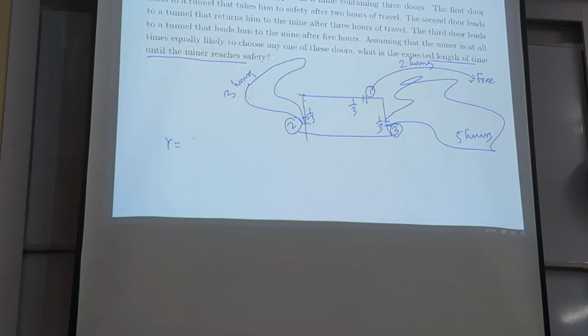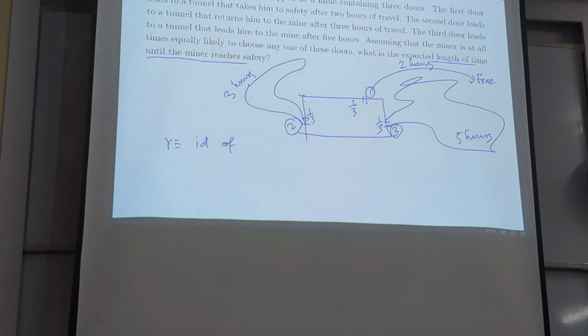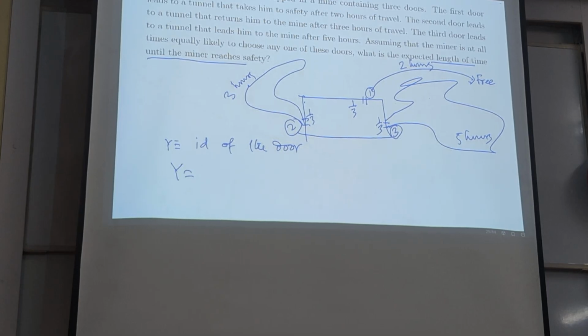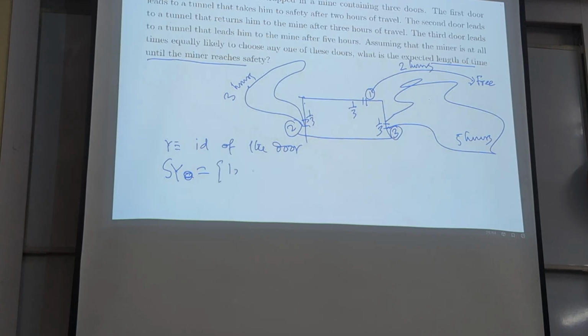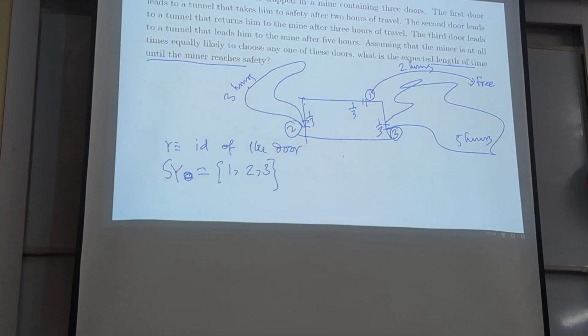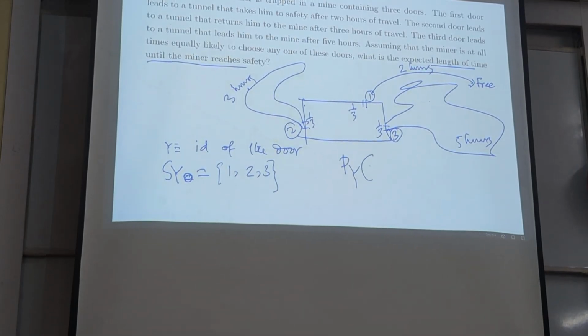Let Y be the road that the miner chooses. So we have Y equal to what? What are the possible values of Y? And the PMF?